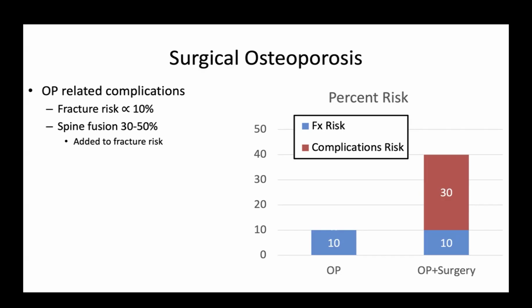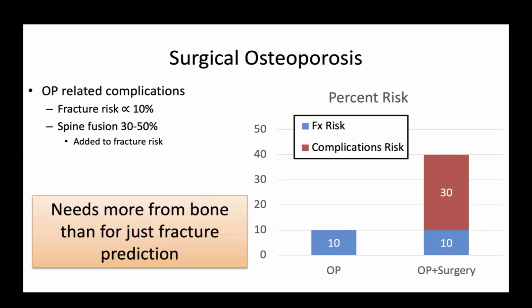However, now we're going to add on a 30 to 50% increased risk of osteoporotic related complications such as hardware failure, screw loosening, periprosthetic fracture, all of these things. And so these patients are at greater risk for complications that are outside of just fractures.